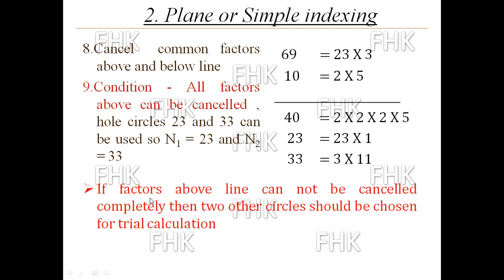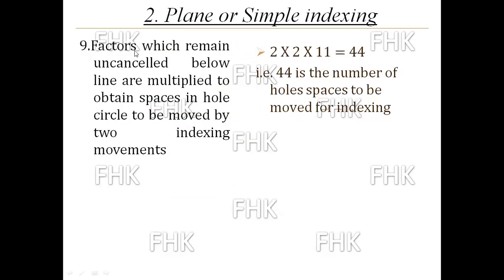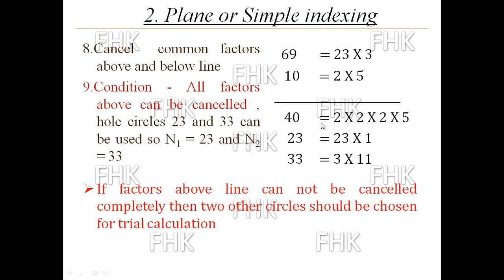If the factors above the line cannot be cancelled completely, then two other circles should be chosen for trial calculation. This is your second iteration if it is not cancelled, and if in a single iteration it is cancelling, our combination is correct.